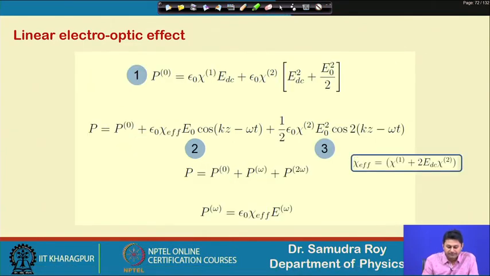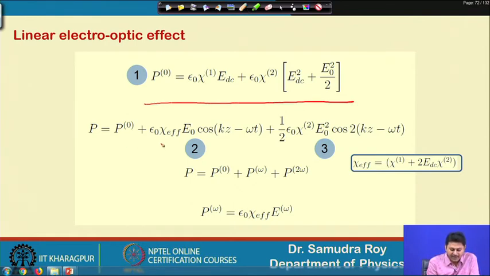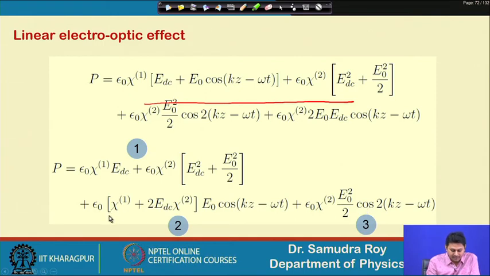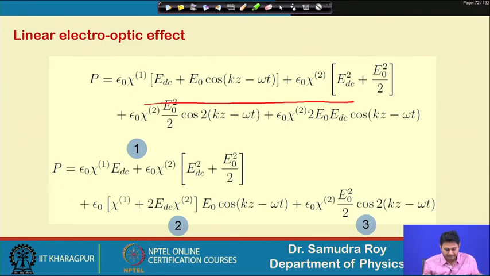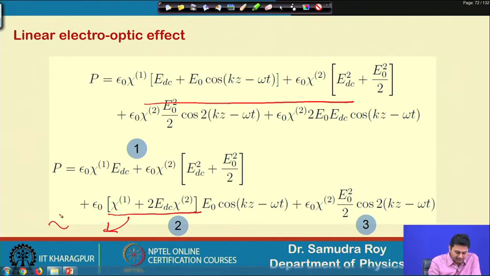Okay. After having all these 3 terms, now we can understand that my coefficient is changed. As I mentioned in the previous case, my P 0 term is now modified, which is a rectification term. If I go back to the previous slide, in the second term I have a coefficient here. This coefficient I now write as chi effective.